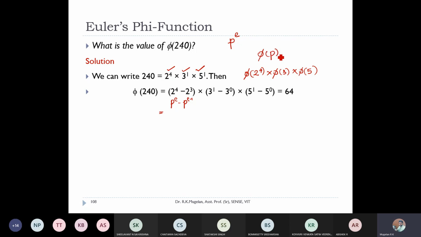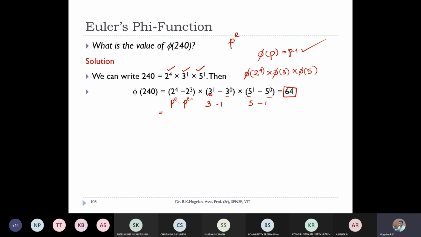Both are applicable, because phi of p is p minus 1. Here also you can see 3 power 1. Even if you apply your fourth property, it comes to p power e minus p power e minus 1, so 3 minus 3 power 0, 5 minus 5 power 0. It will be 3 minus 1 only, and here 5 minus 1. It will be the same as your second property. So at last, we get an answer of 64.